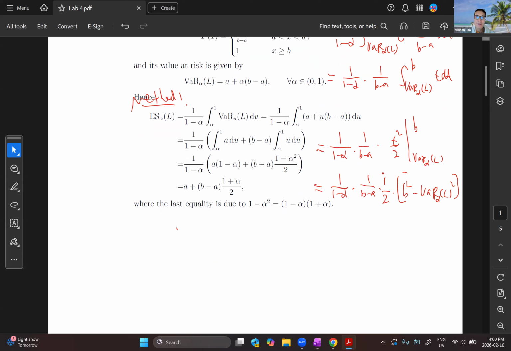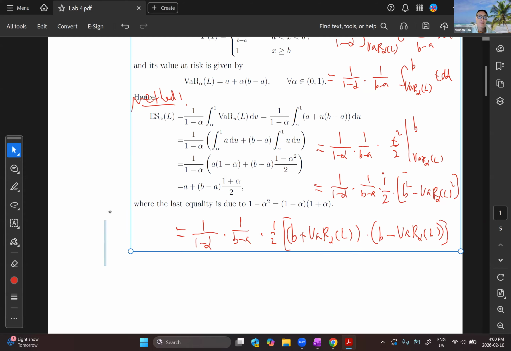If we do an expansion, it is 1 over 1 minus alpha times 1 over b minus a times a half, times (b plus value at risk) times (b minus value at risk), difference of squares.